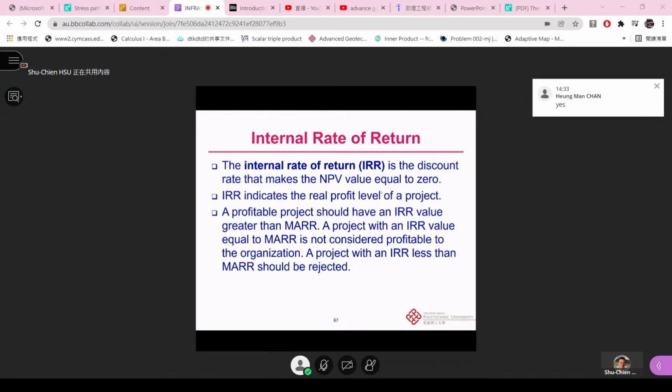So then, we just have a very quick review of what we learned last week. We talked about how we utilize the combinations table and also the equations to calculate equivalents between different kinds of cash flow.